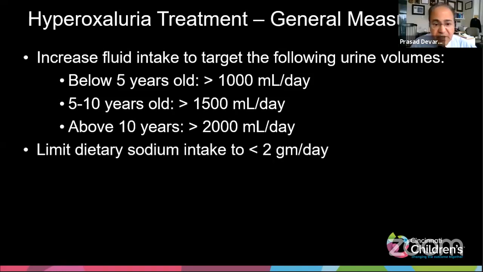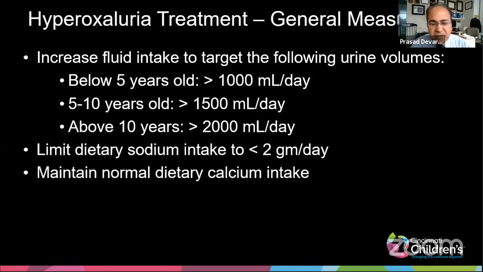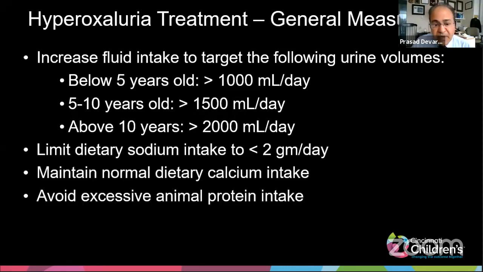We do limit their dietary sodium intake because excessive sodium intake will lead to excessive sodium in the urine, which drags calcium with it and causes increasing calcium oxalate crystals. As I said before, we maintain normal dietary calcium. We avoid excessive animal protein intake, easy for vegetarians, not easy for non-vegetarians.